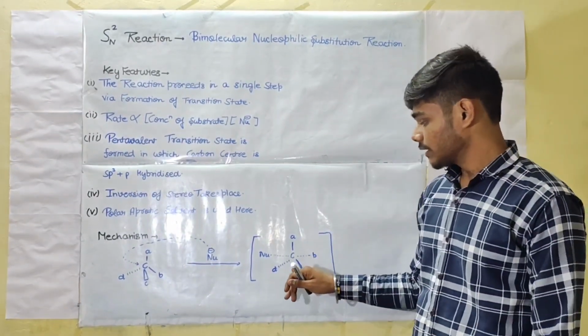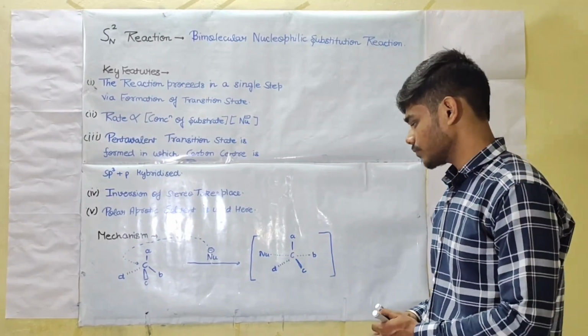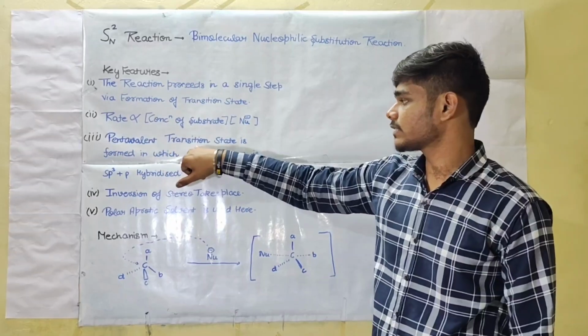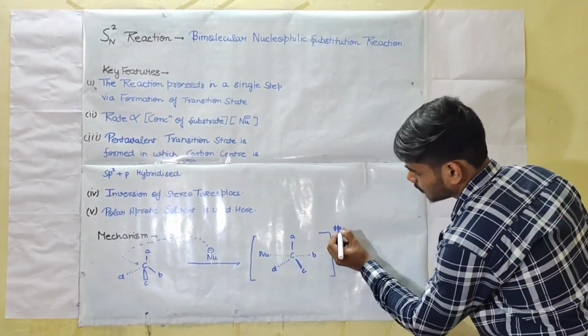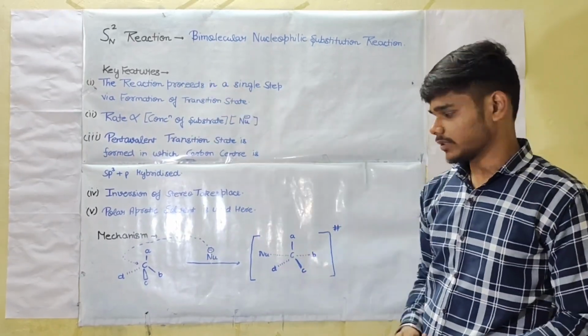Here carbon is pentavalent, which is seen here, so that's why we call it the pentavalent transition state, which is the transition state of SN2 reaction.